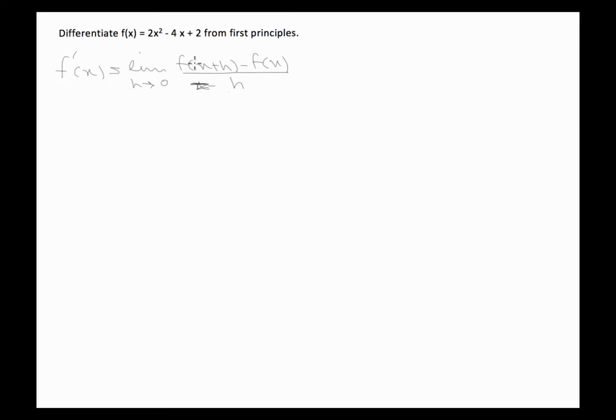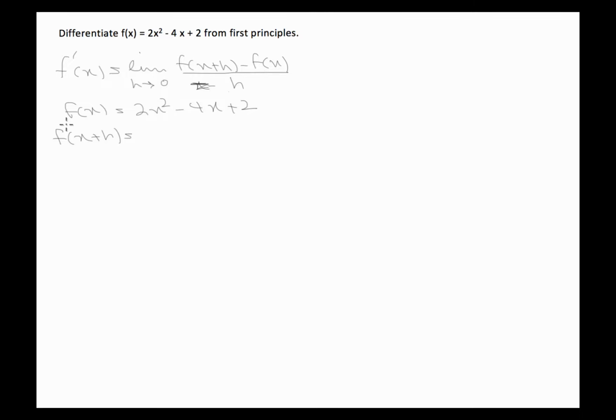So in order for us to be able to differentiate this from first principles, we need to be able to use these functions. The first thing you say is, okay, I already know what f(x) is. It's given to me. So f(x) is equal to 2x squared minus 4x plus 2. What I need to now figure out is what is f of x plus h. Again, we said this before.